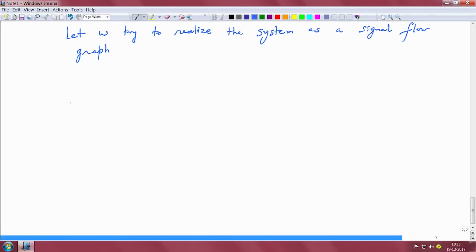Now, how do we get this graph? Now we have various tap delays.